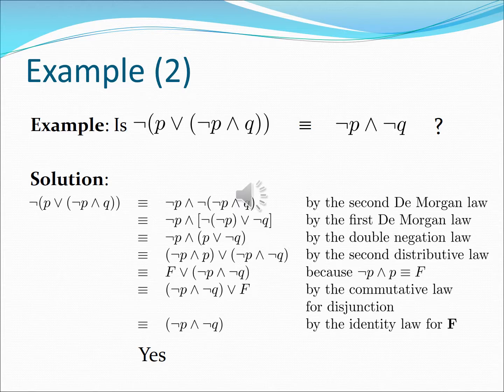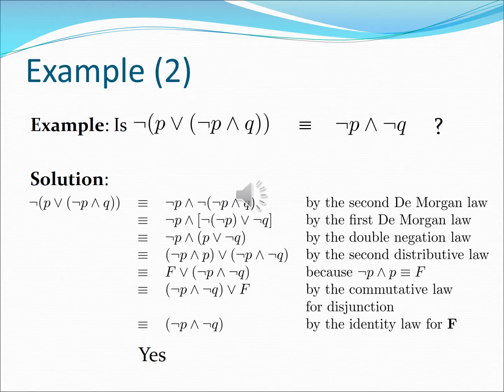Using double negation, I have negative twice, which becomes positive, so it becomes positive P. By using the distributive property, now I get a simpler expression.